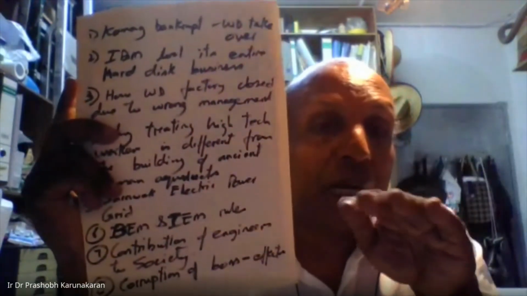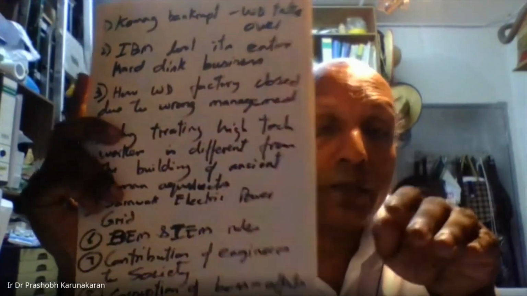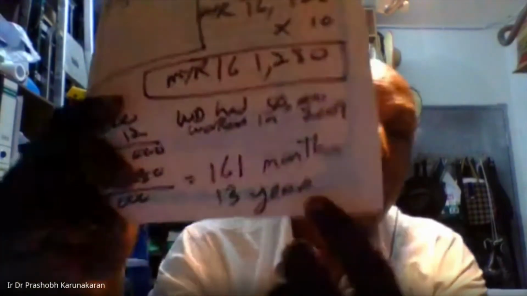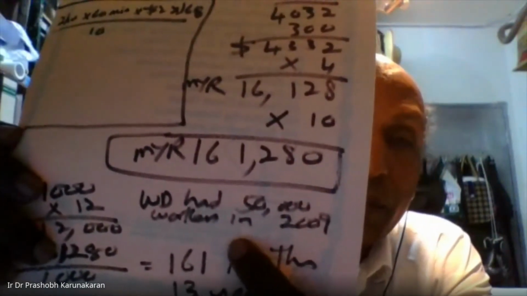Because if Kuching was allowed to have a union, there are 50,000 workers worldwide.